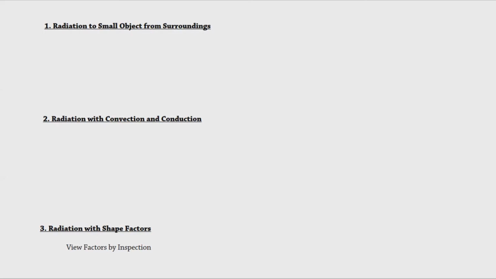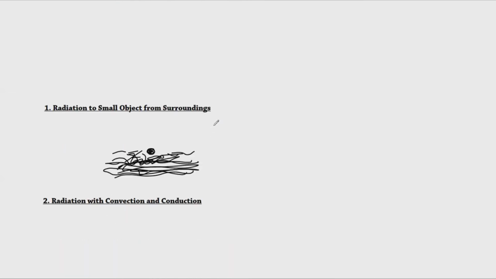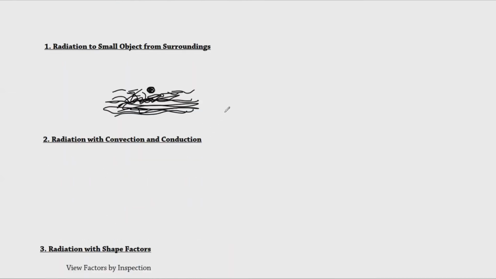For example, a material is exposed to the environment, so it doesn't have any enclosure, doesn't have any material that is close to it. It's just resting, let's say, on a road. So for this radiation that we'll experience by this small object from the surroundings, we'll be using this equation. And of course, we'll understand that when we try to solve for one of them.